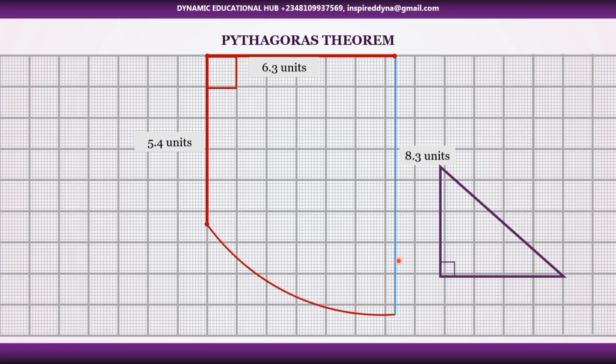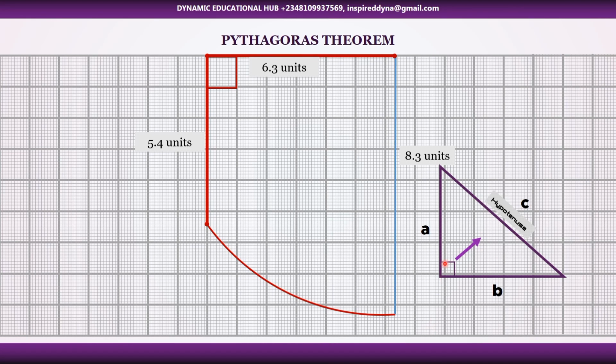So which implies that when we have a right angle triangle, the right angle triangle is going to have sides as shown. Let's call this side A, let's call this side B, and this angle between the two sides, which is the right angle, any side that is facing it, let's call it C. That C is known as the hypotenuse. The hypotenuse will be the longest side.